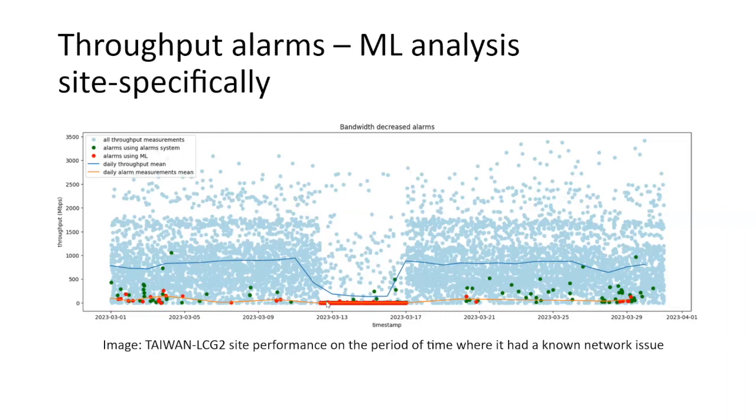And the red dots are the alarms which were given from the ML model. And we can see clearly that the throughput here greatly decreased.